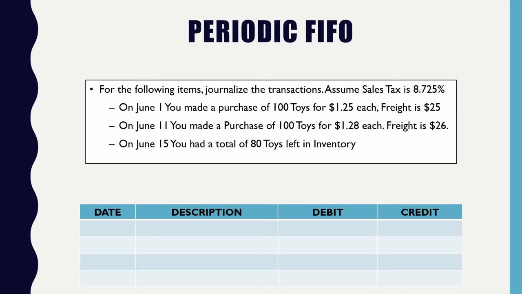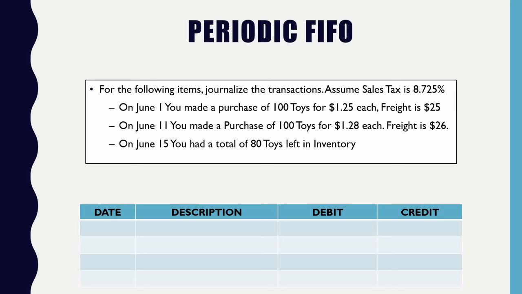But again, like I said, the purpose of this entire course isn't to focus on sales just yet. All we're focusing on is purchases only. So example here: on June 1st, you made a purchase of 100 toys for $1.25 each with a freight cost of $25.